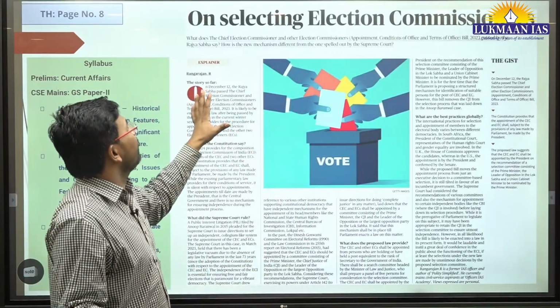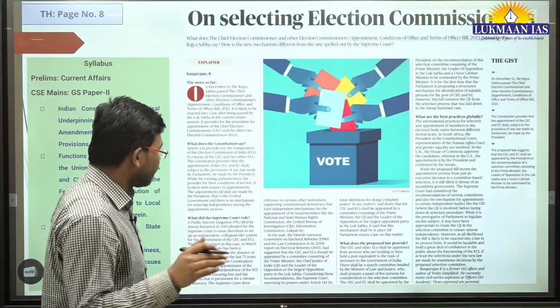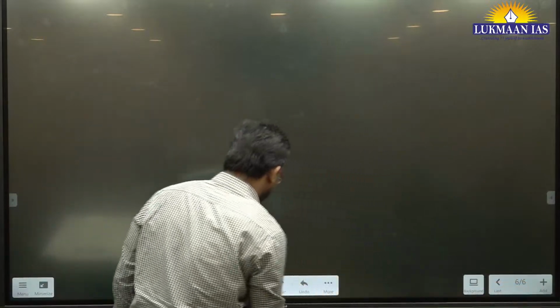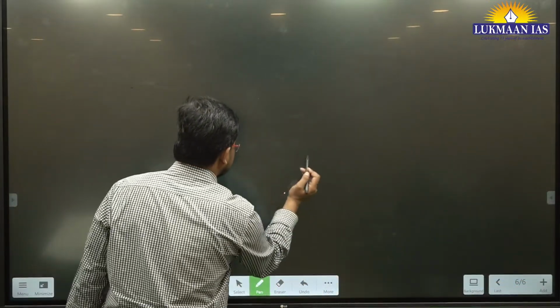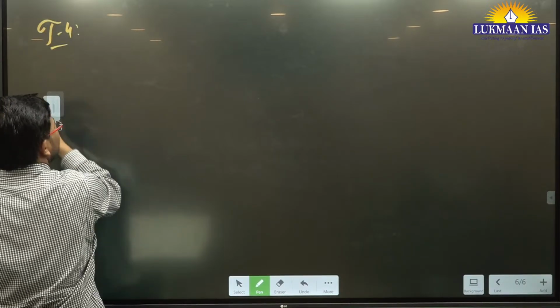Then we came across another topic. This is a very important topic. It says on selecting election commissioners. This article is very, very important. There is a possibility that UPSC may ask a question on this topic. We are going to discuss this topic. This is the 4th article.